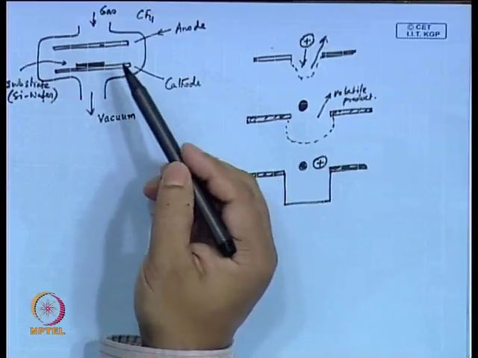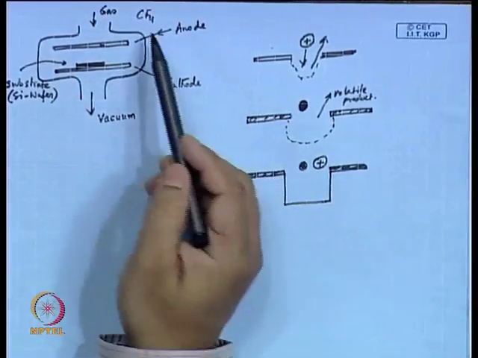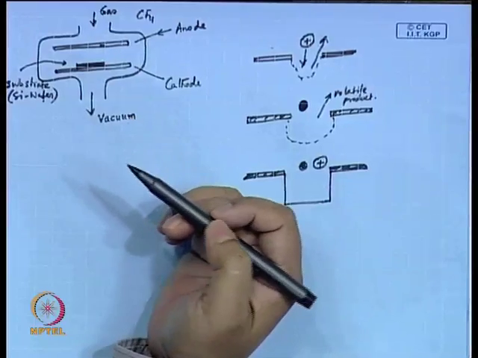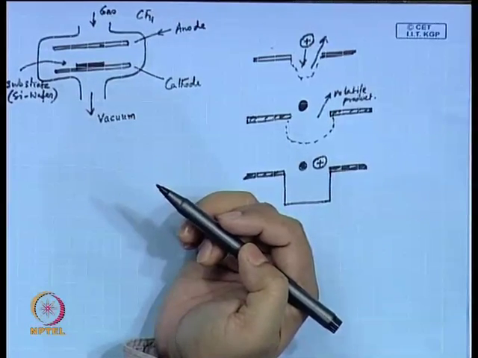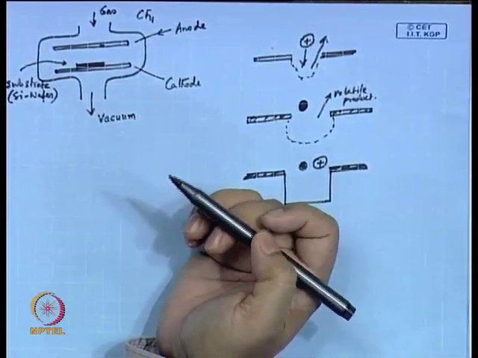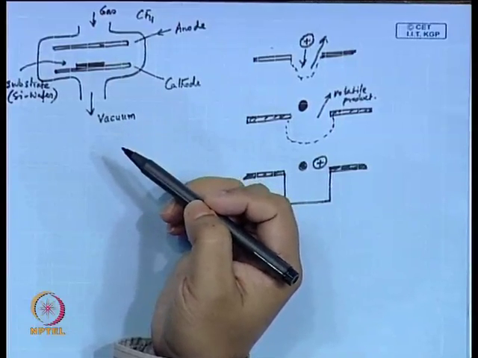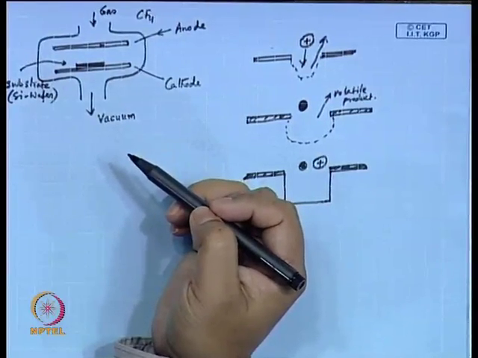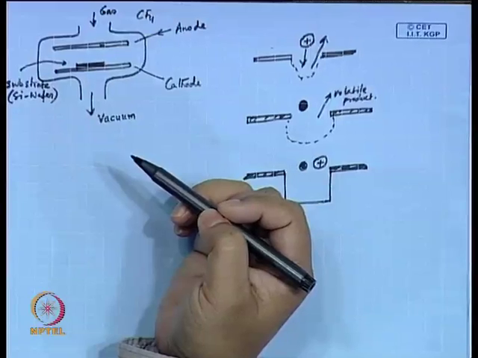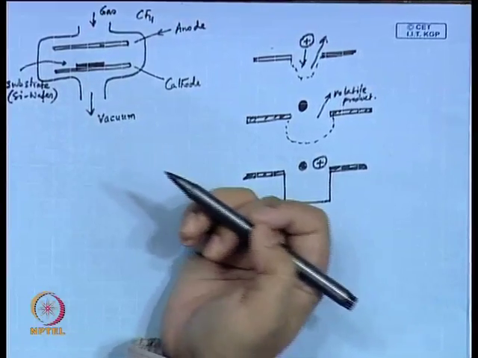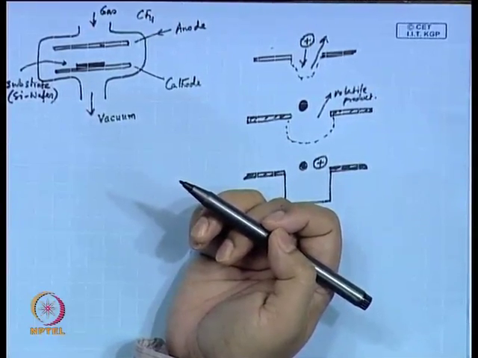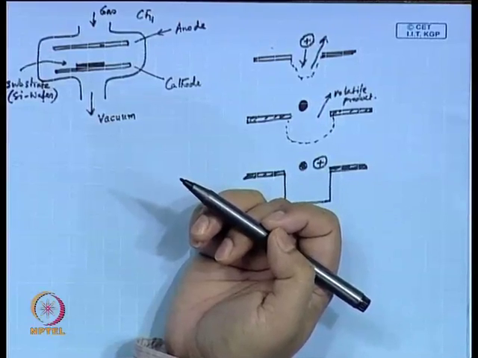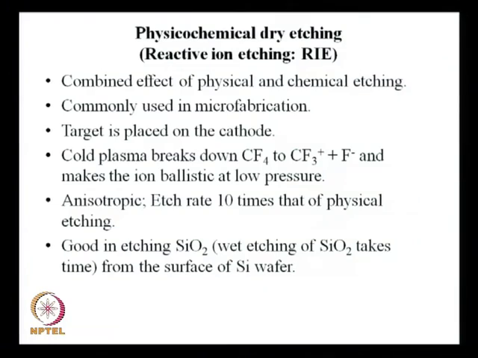Okay. So, this is having an etch rate 10 times that of physical etching. So, this etching process here, the etching rate is 10 times that of physical etching, and good in etching silicon dioxide. Wet etching of silicon dioxide takes time from the surface of silicon wafer. So, what essentially the last 2 points mean is that physicochemical dry etching is good to etch silicon dioxide.